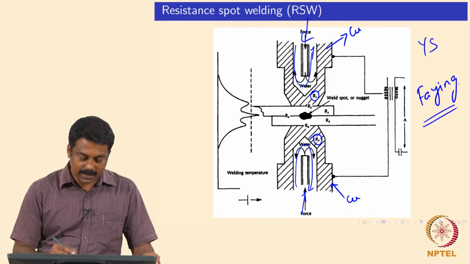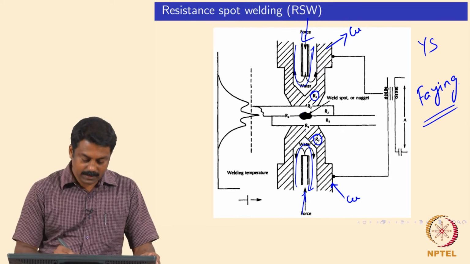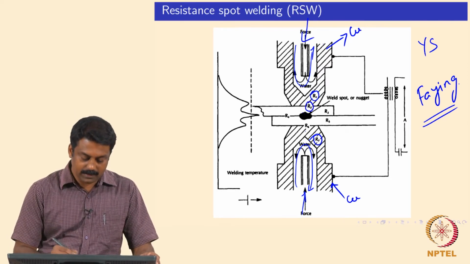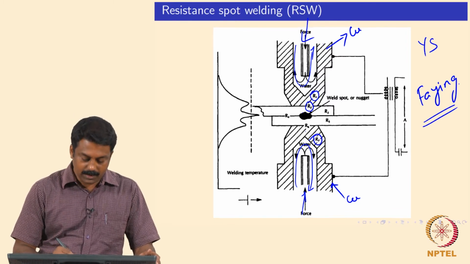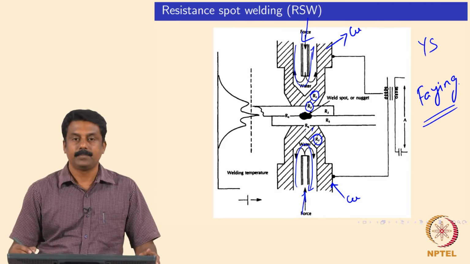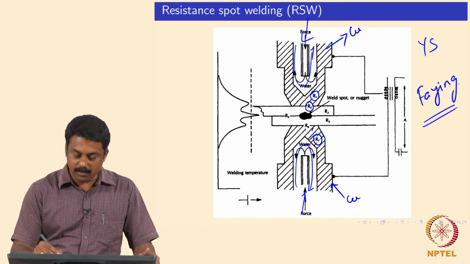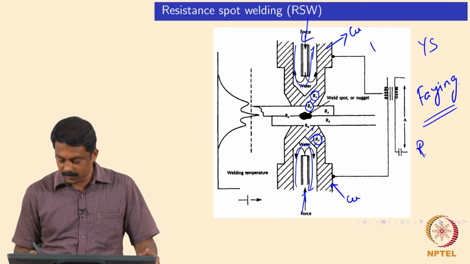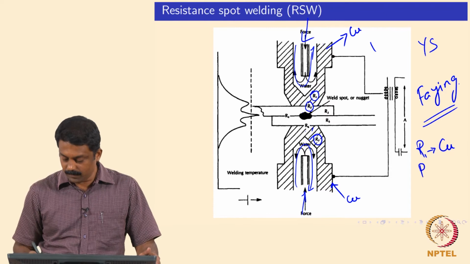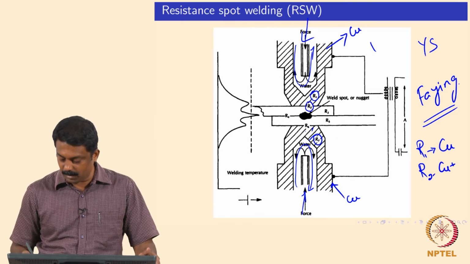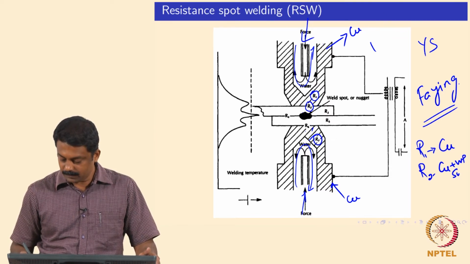The second resistance you would expect is the resistance between the electrode and the top of the sheet. Similarly, the resistance between the bottom electrode and the bottom sheet. That is R2, between the copper and the workpiece surface.